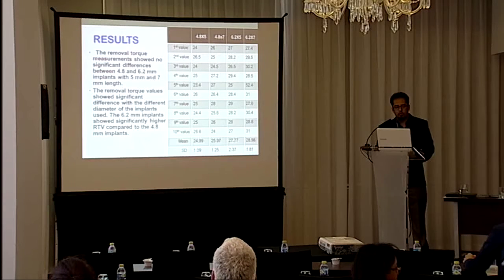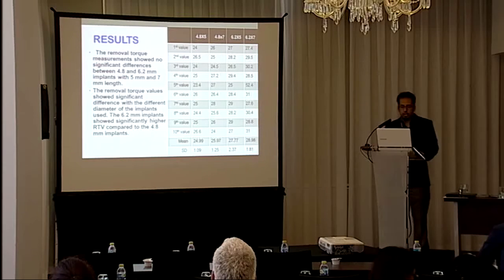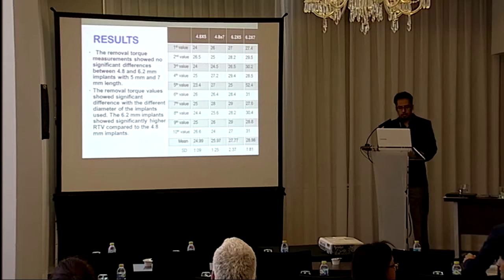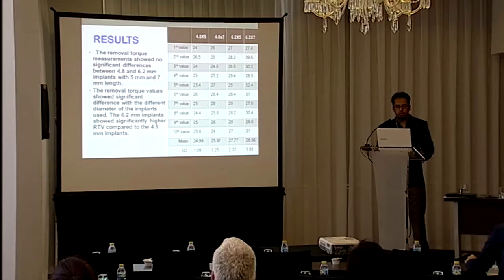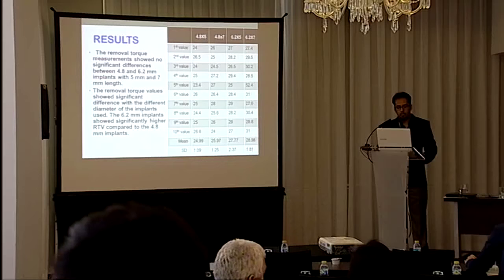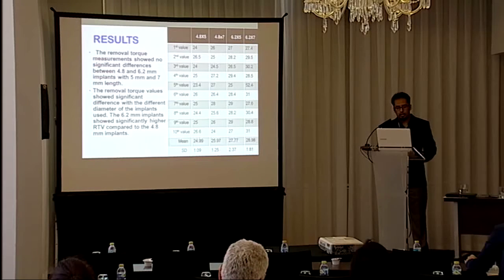The removal torque measurements showed no significant differences between the 5 and 7 millimeter lengths for the 4.8 and 6.2 millimeter implants. The removal torque values showed a significant difference with the different diameters of the implants used. The 6.2 millimeter implants showed significantly higher removal torque values compared to the 4.8 millimeter implants.